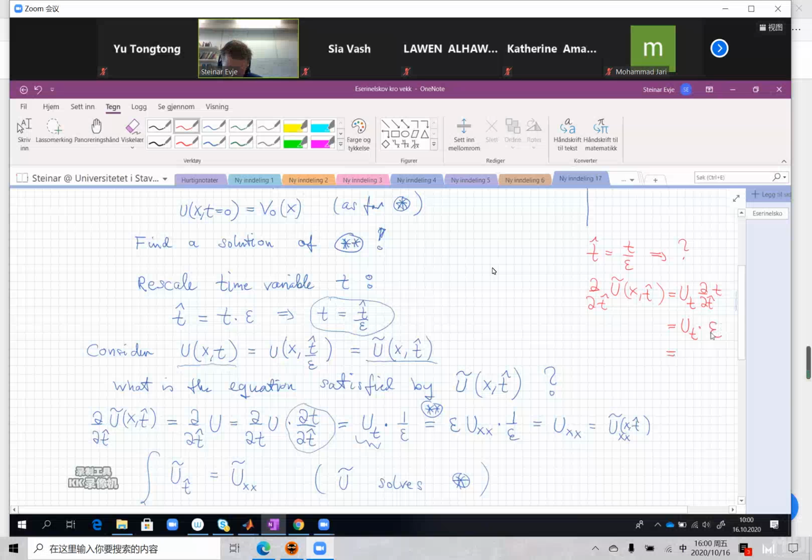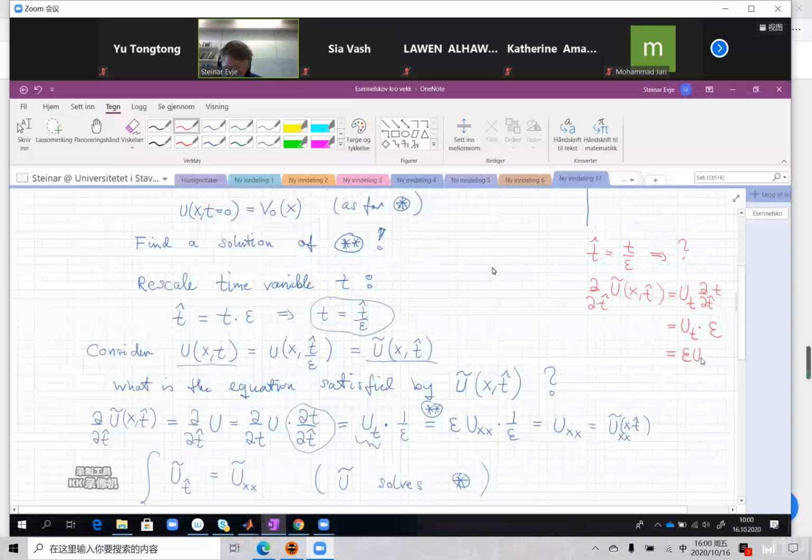Then using the equation for u, we know that ut is equal to epsilon uxx. So that gives us epsilon squared uxx.